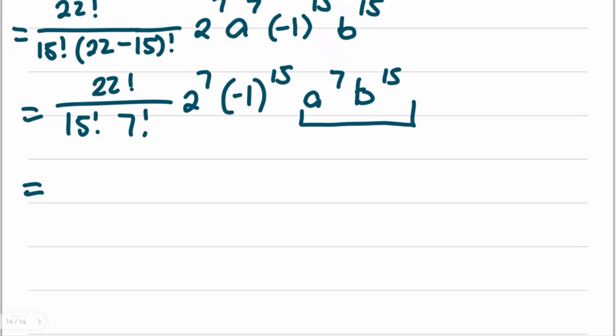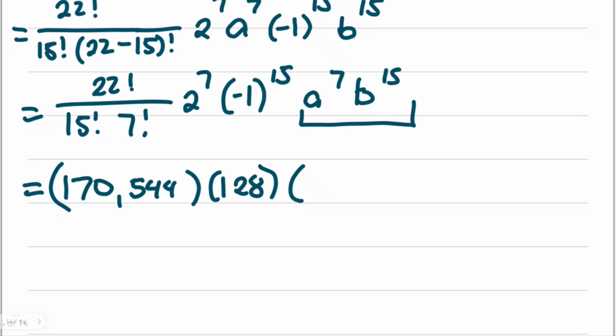Using my calculator now, 22 combination 15 gives a result of 170,544. Times 2 to the power of 7, which is 128, times negative 1 raised to an odd exponent, which is just negative 1, again a to the power of 7, b to the power of 15.